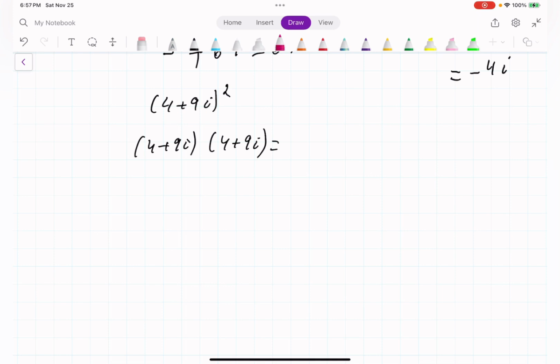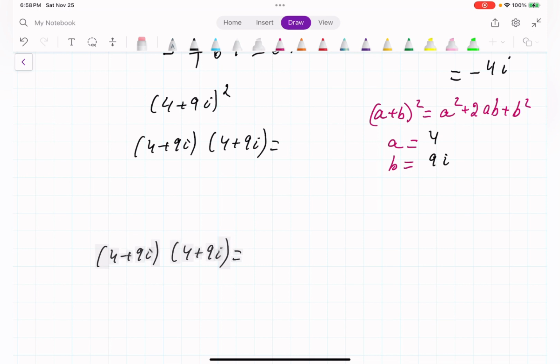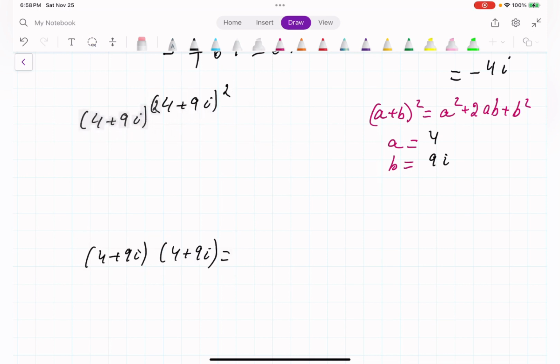The other way is to use the formula a plus b squared, which is equal to a squared plus 2ab plus b squared, where my a is 4, b is 9i, right? I would rather go through using the formula than long multiplication. This formula is a shortcut of multiplication, because if you use the formula, you're going to end up with the same answer.